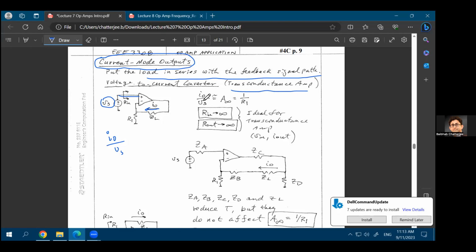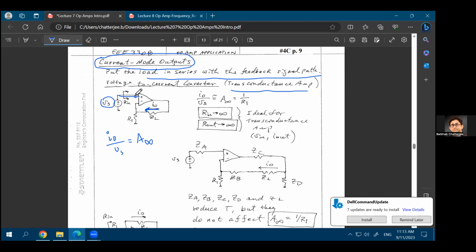And in this case, this is I naught over Vs, right? So I naught over Vs is something that you can calculate as the gain of the system. And assuming that this op amp is ideal, you'll call this A infinity, right? So that will be your A infinity. Now, what would be your I naught? And keep in mind that you're defining I naught in this direction.